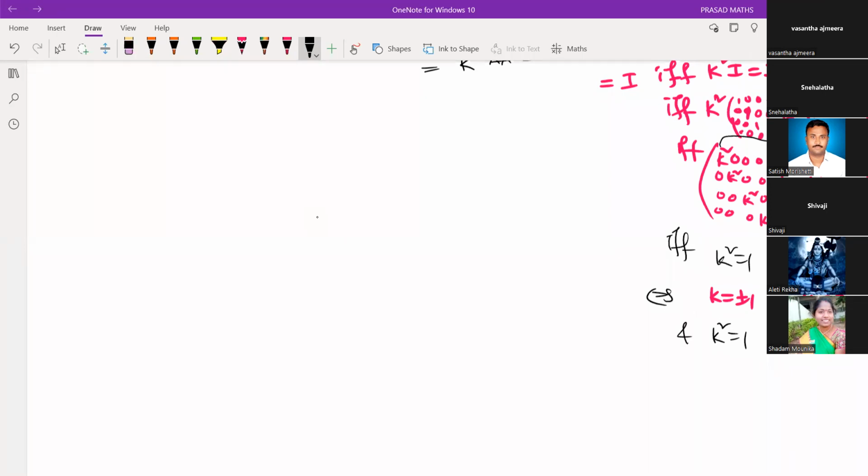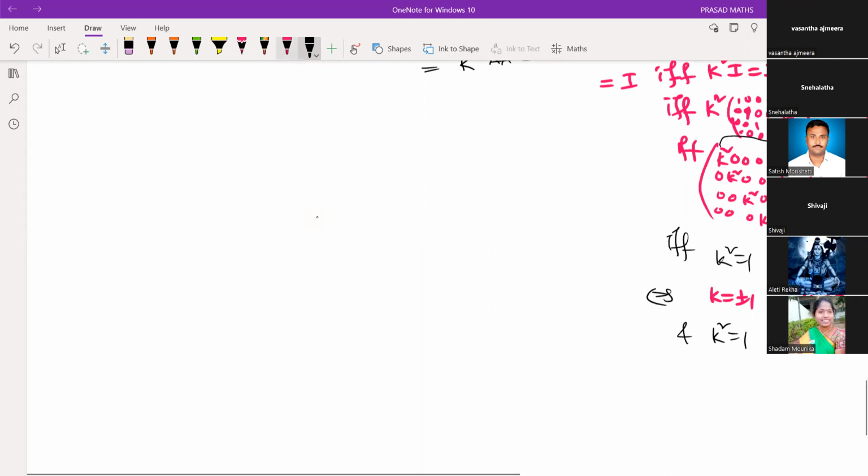In general, K into A may not be an orthogonal matrix, but if you take a scalar whose square equals 1, it is automatically an orthogonal matrix.